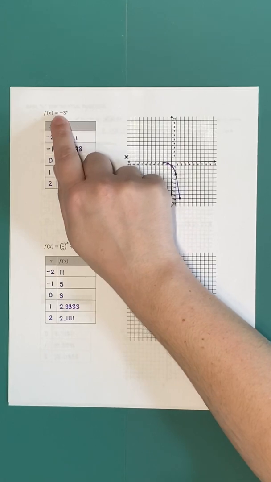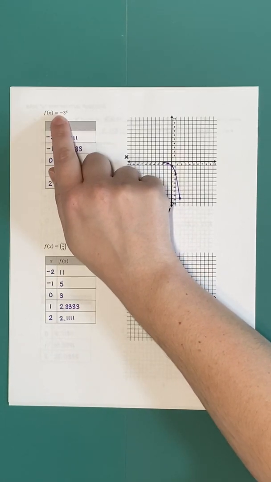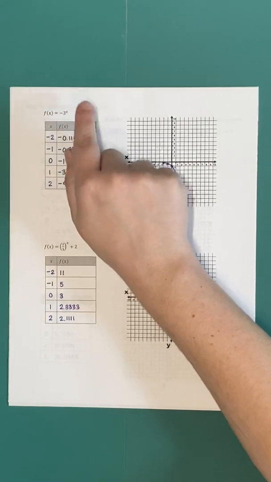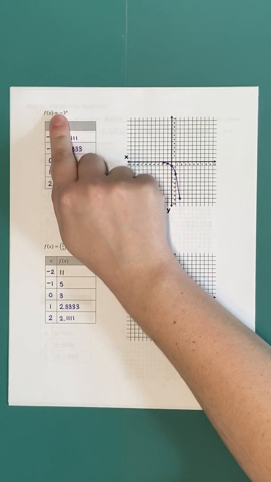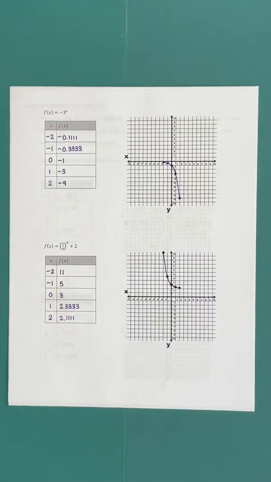So if you remember when we talked about transformations, taking the parent function and multiplying it by a negative actually represents a reflection. So what that does to the graph is it takes anything above the x-axis, flips it below. It takes anything below the x-axis and flips it above.